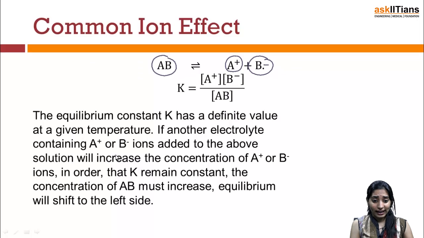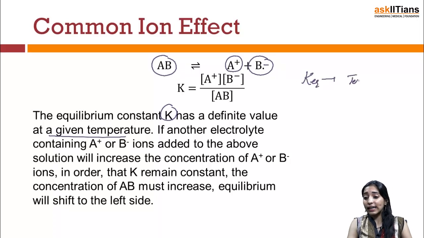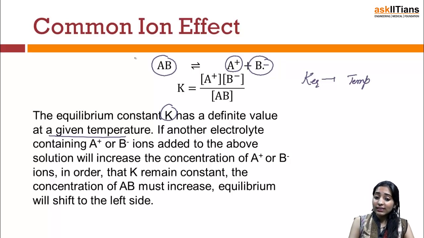So now we say that this equilibrium constant K has a definite value at a given temperature. We already have done that. The K equilibrium depends upon the nature of reactant, nature of product and the temperature. So this K equilibrium will be a function of temperature.